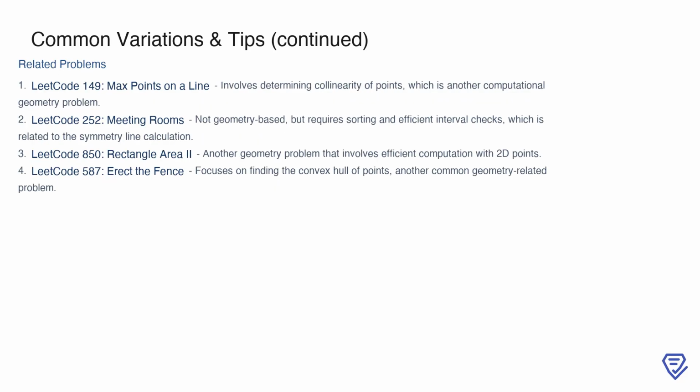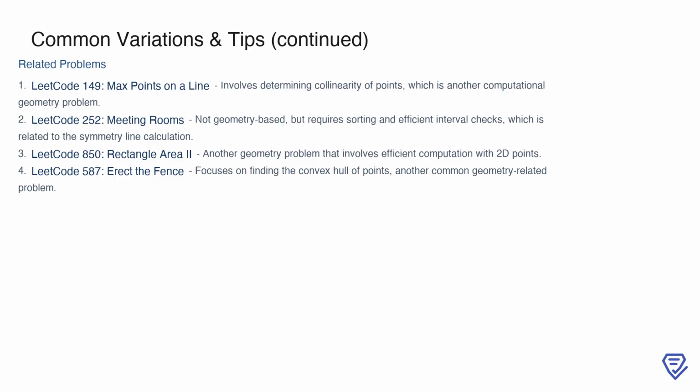This problem is also closely related to other computational geometry and optimization challenges. For instance, LeetCode 149, Max Points on a Line, deals with identifying collinear points, which is another problem rooted in geometry. Similarly, LeetCode 252, Meeting Rooms, isn't directly about geometry but involves sorting and interval checks, a concept relevant to calculating symmetry lines.